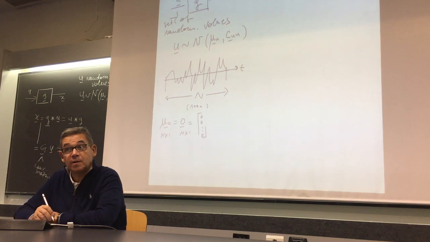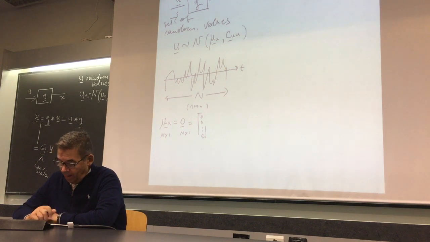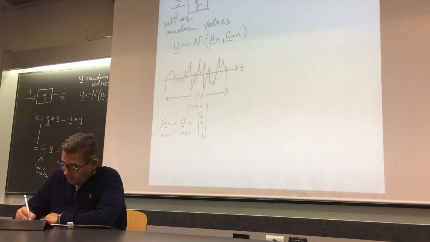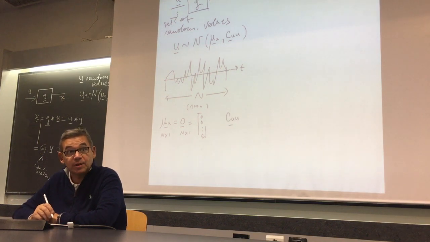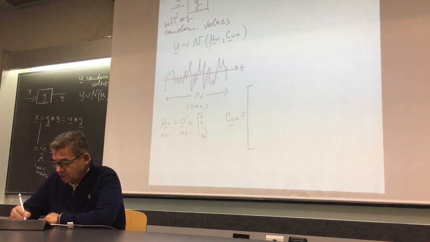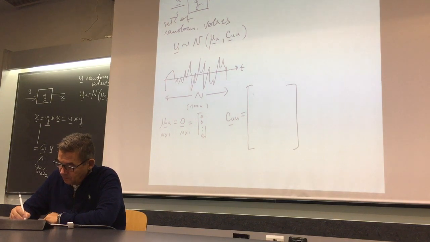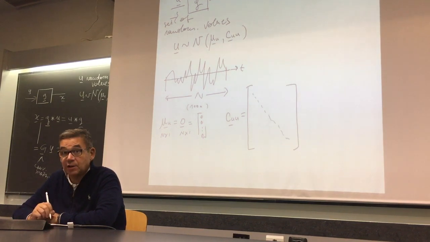Now, what about the covariance? Let's assume C_uu, and we make two models. What if C_uu contains just the terms along the diagonal and nothing else? It's different from 0 along the diagonal and not outside.